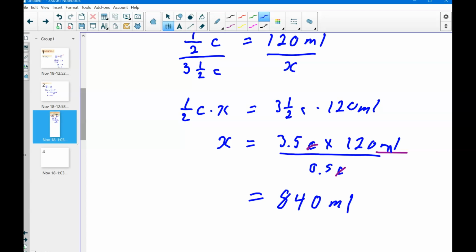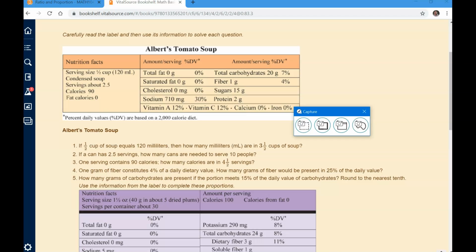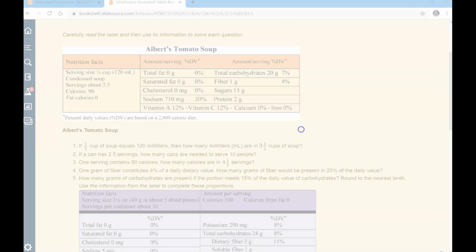Let's try another question. This one actually uses the table.